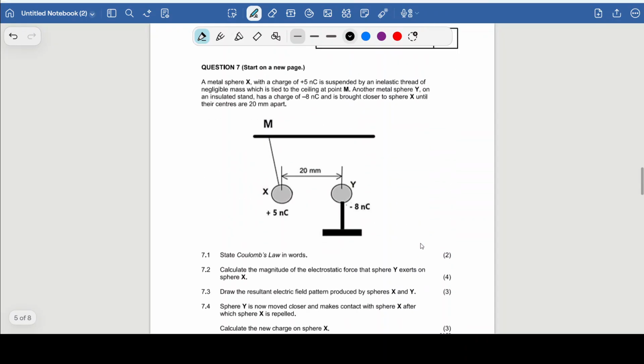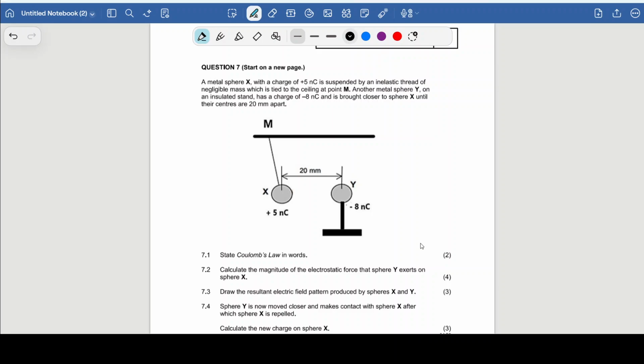Okay, now a metal sphere X with a charge of positive 5 nanocoulomb, nanocoulomb is times 10 exponent minus 9, is suspended by an inelastic thread of negligible mass which is tied to the ceiling at point M. Another metal sphere Y on an insulated stand has a charge of -8.9 nanocoulomb and is brought closer to sphere X until their centers are 20 millimeters apart.